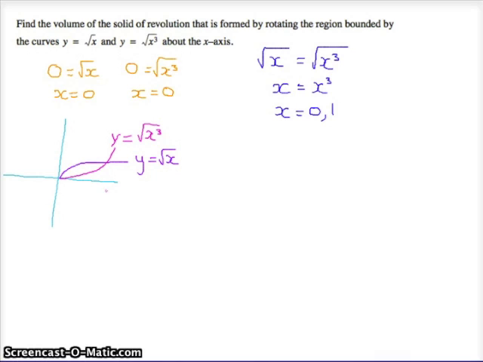Okay, and the point where they intersect, of course, is at 1, and they intersect again here at 0. So the area we're interested in is this area here, and when we spin this, it will be reflected in the x-axis. It's going to look something like this.